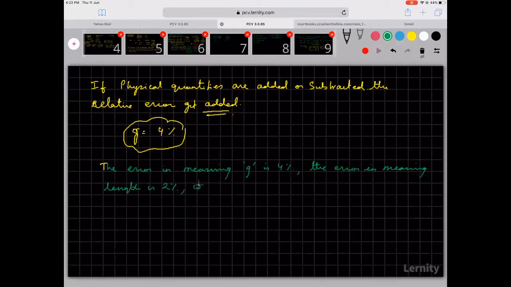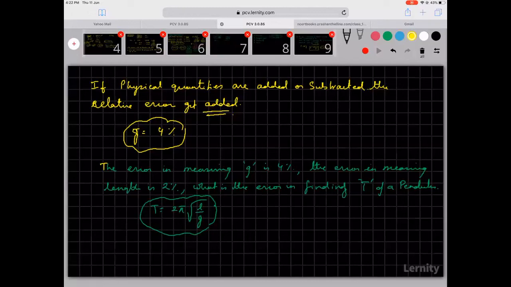What is the error in finding the time period of a pendulum, given T is equal to 2 pi root over L by G? Given T is equal to 2 pi root over L by G, the question is what is the error in finding the time period of the pendulum?